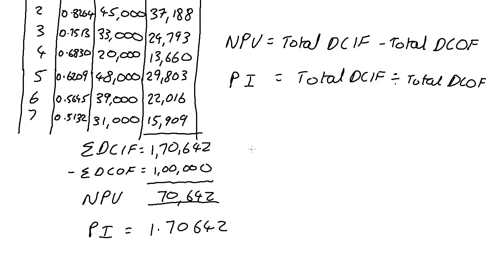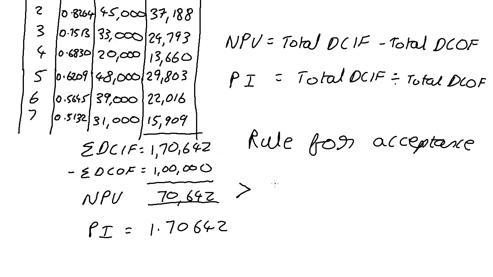Now, as far as the decision for NPV is concerned, the rule for acceptance for NPV is if it is more than 0. For profitability index is if it is more than 1. So if it is more than 0, and in the case of PI it is more than 1, we accept.